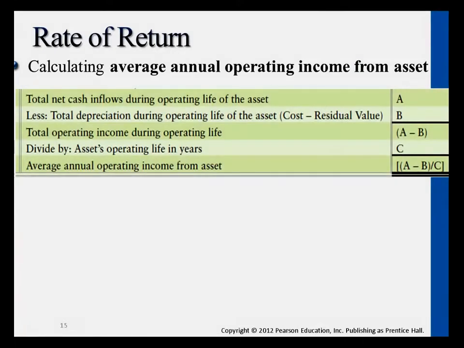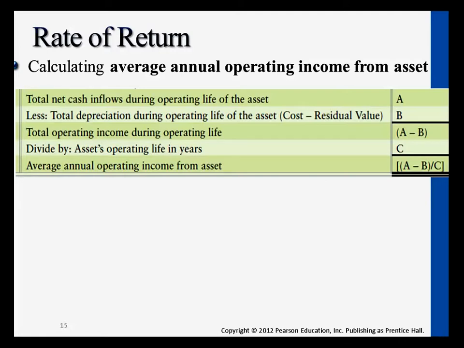Here I wanted to show you how it's usually calculated. When we calculate our average annual operating income from an asset, these are the components we are going to utilize. First is our total net cash inflows during the operating life of the asset, okay? Then we subtract our total depreciation during the operating life of the asset.